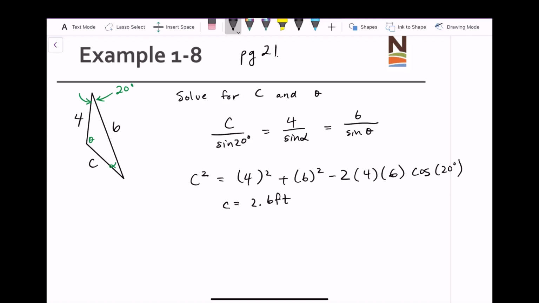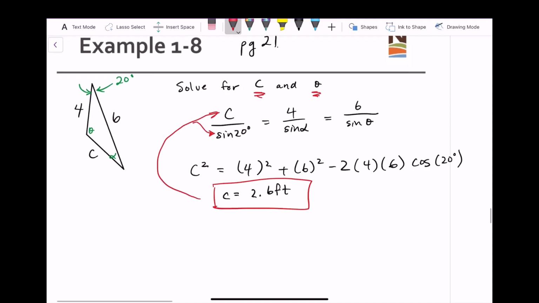So that gives us a value for C, which is one of the unknowns, but we also need to solve for theta now. Now that we have a length with its angle that's opposite to it, we can plug this value into the sine law above and solve for theta.